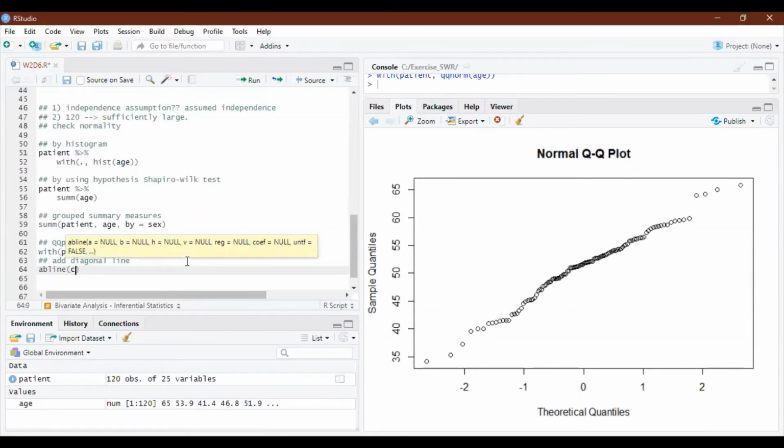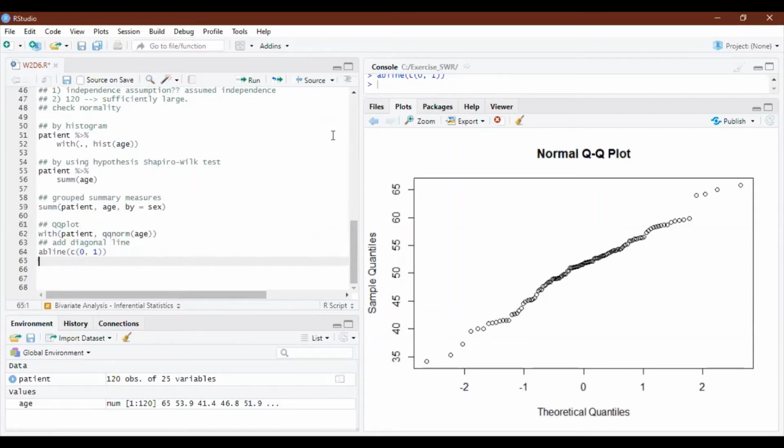I think like this, with 0 and 1. Okay, so we give it the apply function, and then we run this 0 and 1. I think it should come.